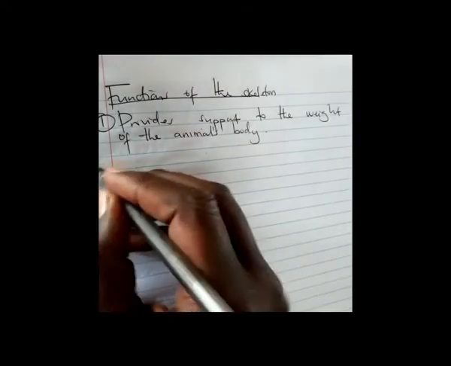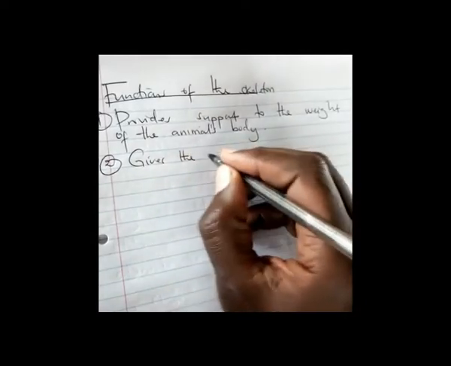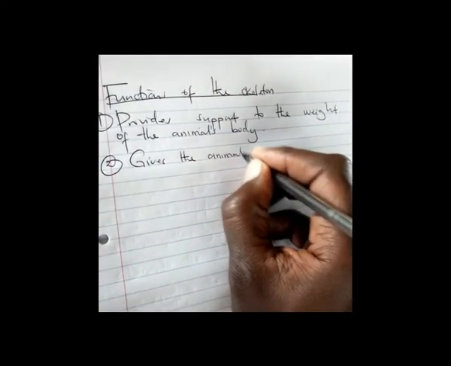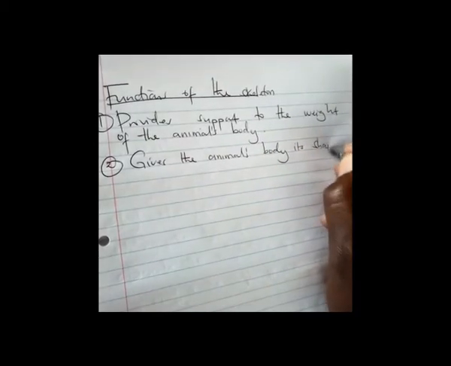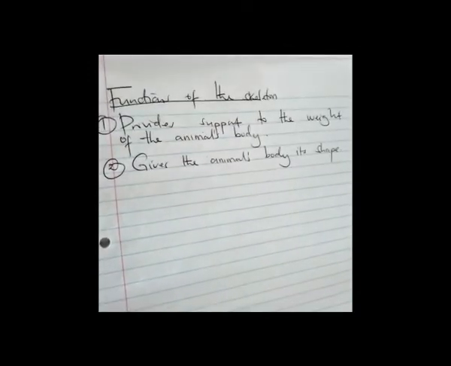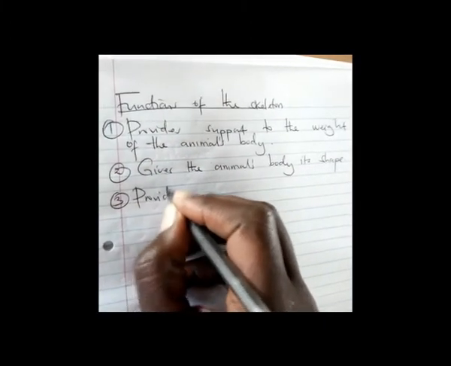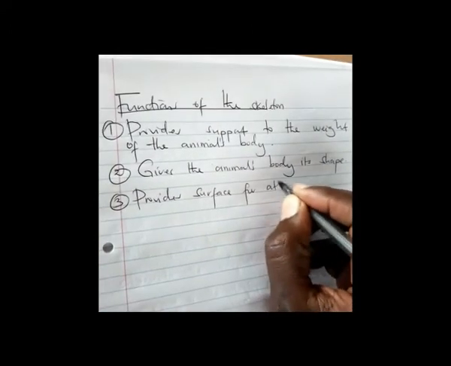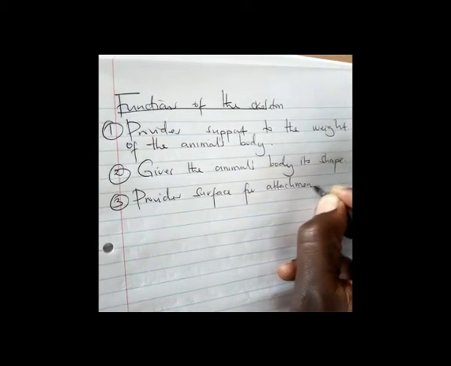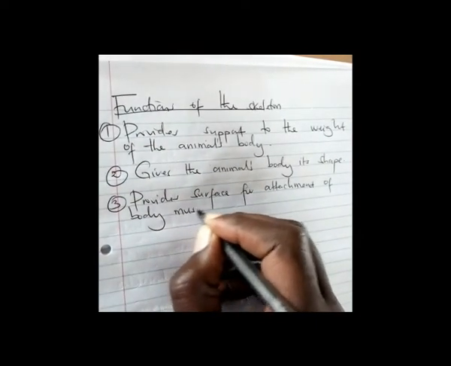The second function of the skeleton is that the skeleton gives the animal's body its shape. The skeleton is the one that makes the animal's body have a particular shape. Number three, the skeleton provides a surface, a site for attachment of body muscles.